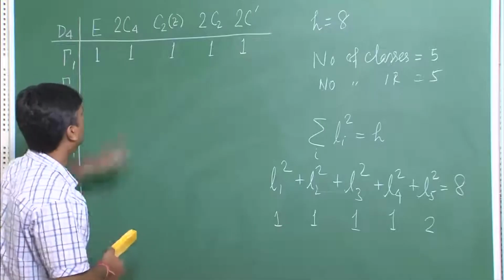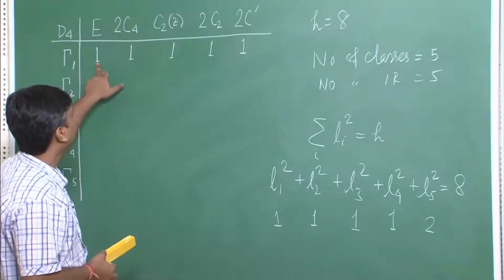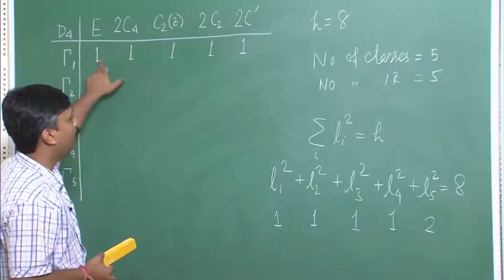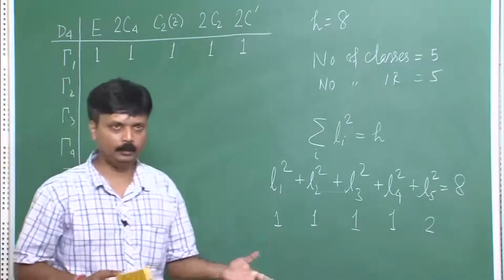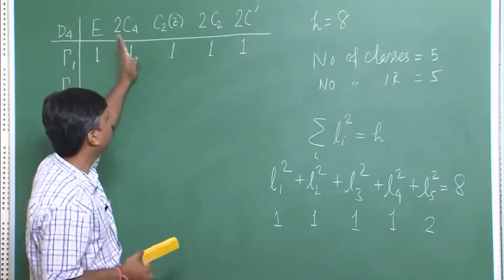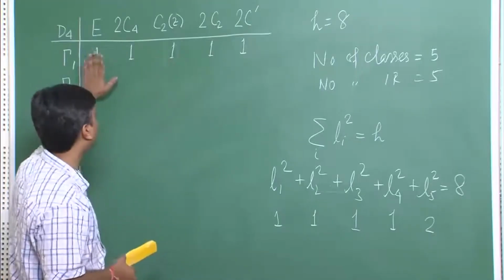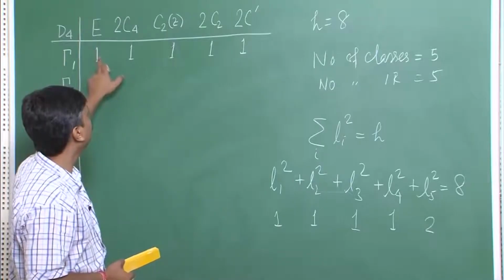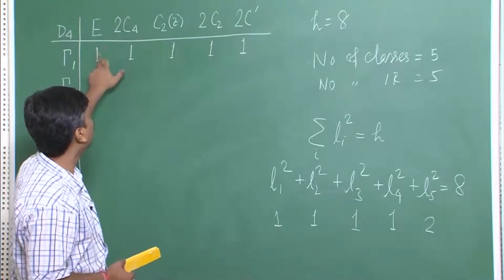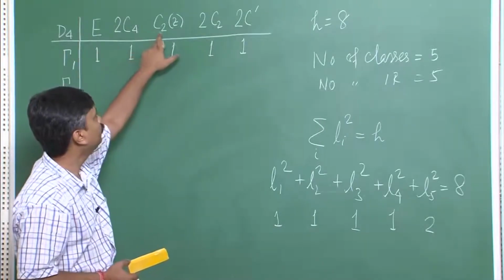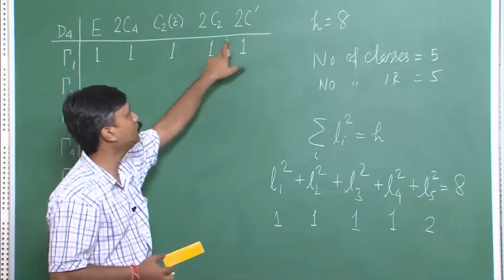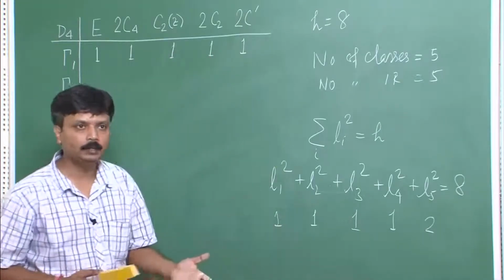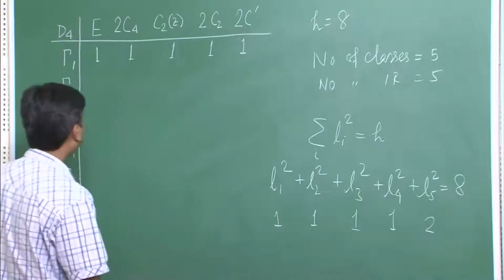Quickly let us check whether the sum of the squares of the characters corresponding to each symmetry operation for one IR is equal to the order of the group or not. If you do that, 1 plus 2 into 1 plus 1 plus 2 into 1 plus 2 into 1, yes, that equals 8. So, this is satisfied.